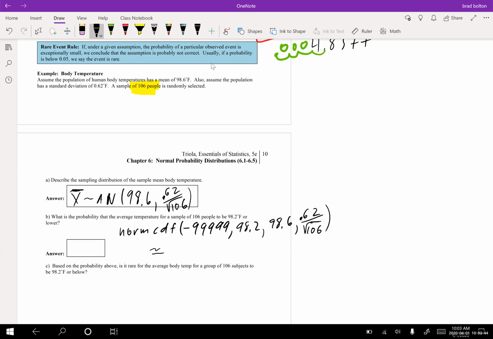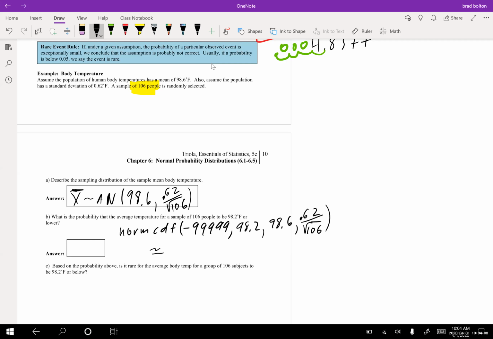It's 0.62 divided by the square root of 106.